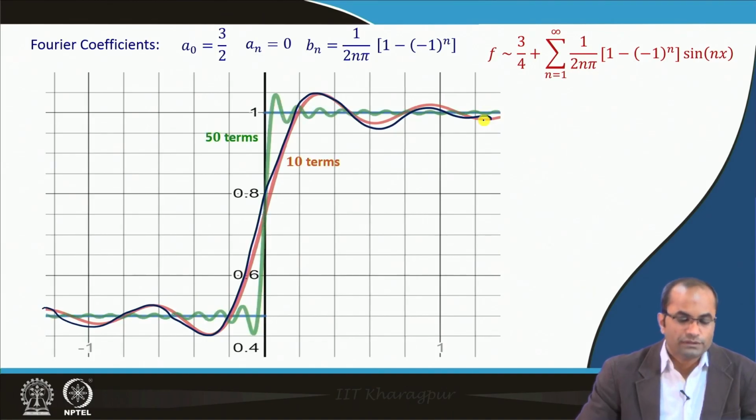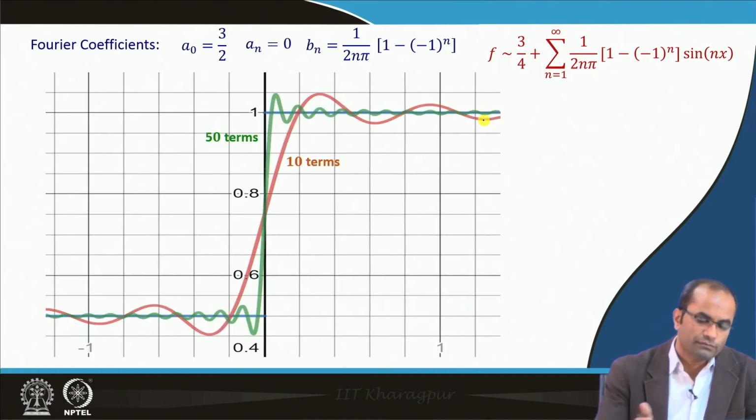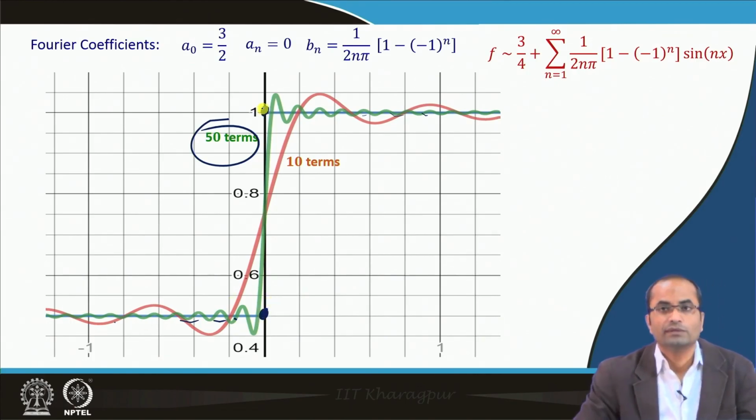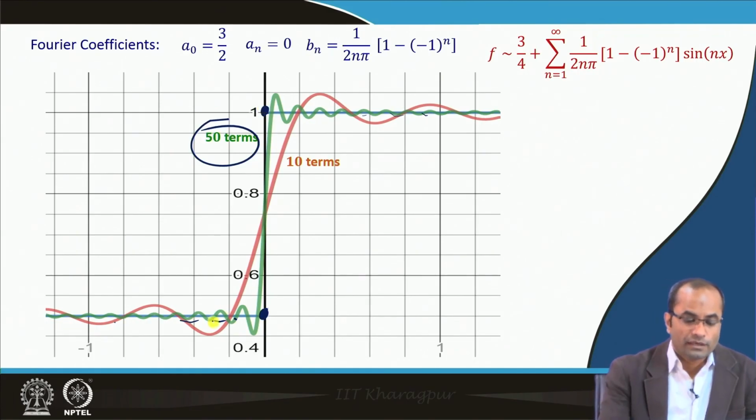But if we take more terms, for example 50 terms, you can see it is quite close to the function here as well as here. But there is a point, the discontinuity point, where the function value on this side was half and on the other side it is 1. It is problematic, and the series is always crossing at the middle value between 1 and 1 half.